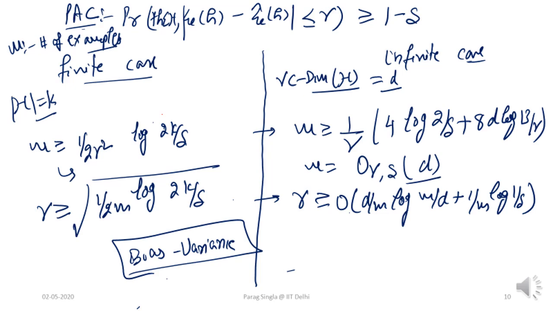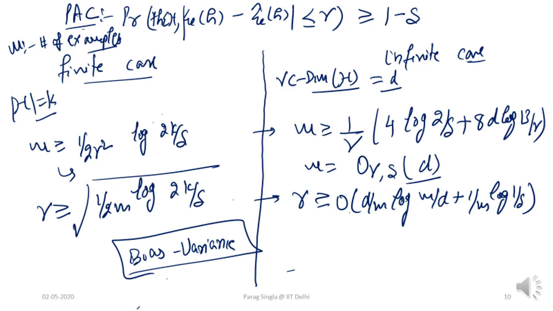Now in this slide I really want to connect everything together about PAC learning, whatever we have discussed in the last couple of classes. Why is this whole theory of VC dimension relevant and important, and how does it connect to the case of finite hypothesis classes, classes which are finite in size?